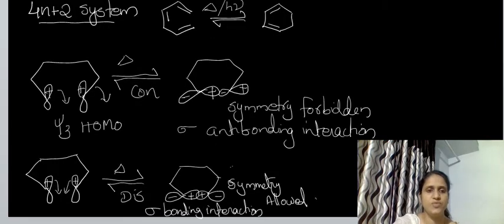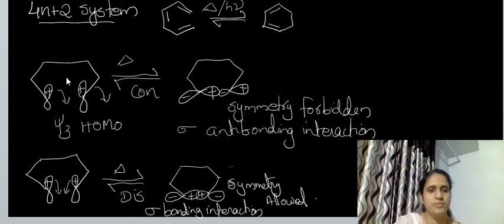Next we have to discuss the 4n plus 2 system. This is an example of a 4n+2 system. 1,3,5-hexatriene is converted into 1,3-cyclohexadiene. That is a 4n+2 system.